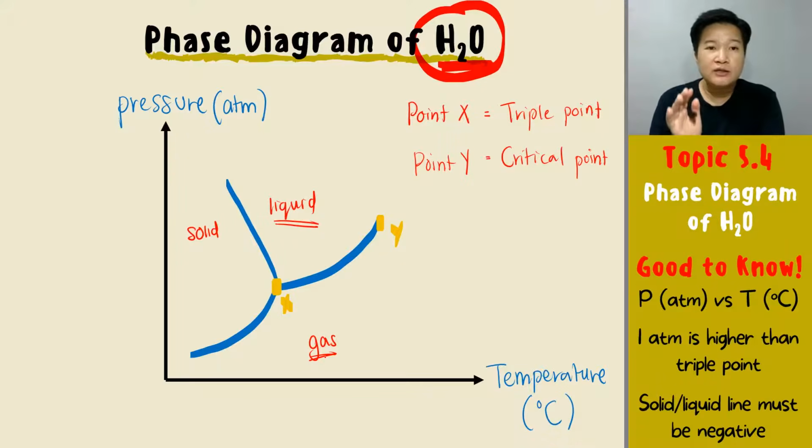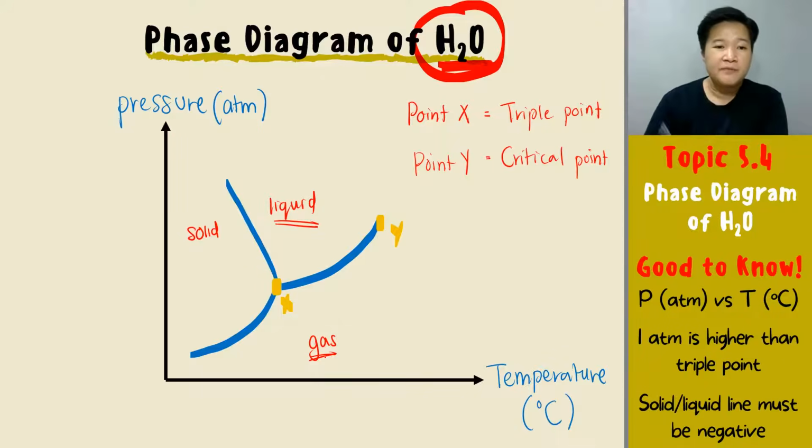And we are not done yet. Bear that in mind, we need to label the position of 1 atm. And there are two big differences between the phase diagram of carbon dioxide and water. The first one is the position of 1 atm. Just now in carbon dioxide, your 1 atm must be sitting lower than the triple point, because in carbon dioxide, the triple point must be higher.